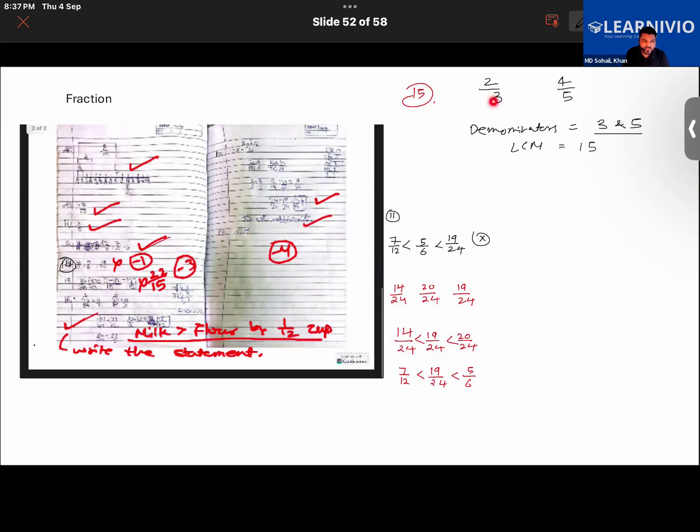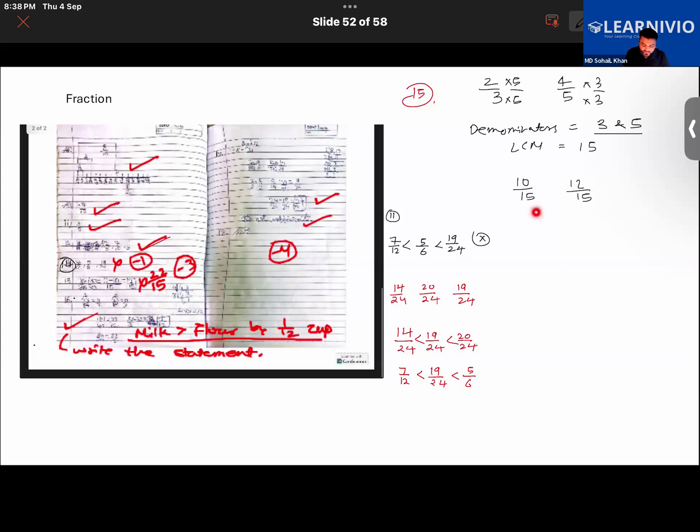Now each fraction we need to convert into an equivalent fraction having the denominator 15. So 2 upon 3 will become 10 upon 15, because you multiply numerator and denominator both by 5. Next, 4 upon 5 will be multiplied by 3, giving 12 upon 15.